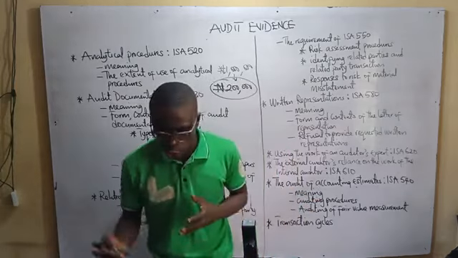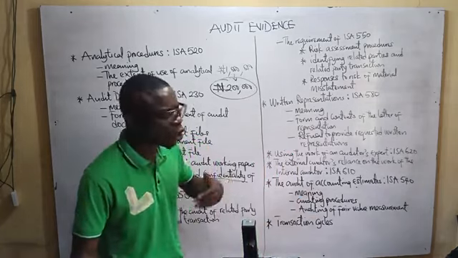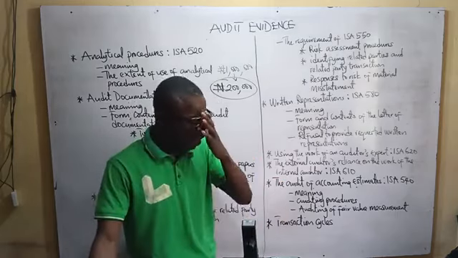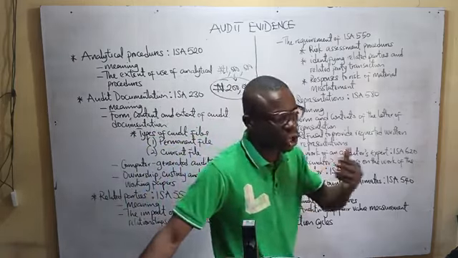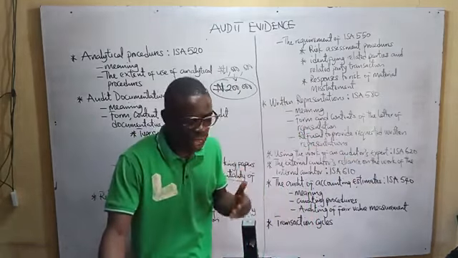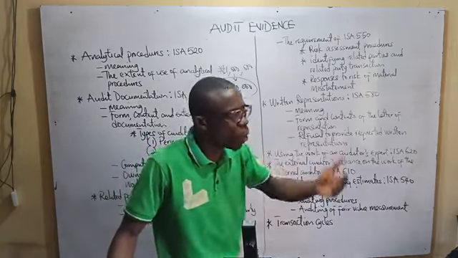What is the nature of the relationship between the company and the related parties? What is the nature of the transactions between the company and the related parties? That means the transactions that the company has entered into with the related parties. That is what the auditor is inquiring about from the management.